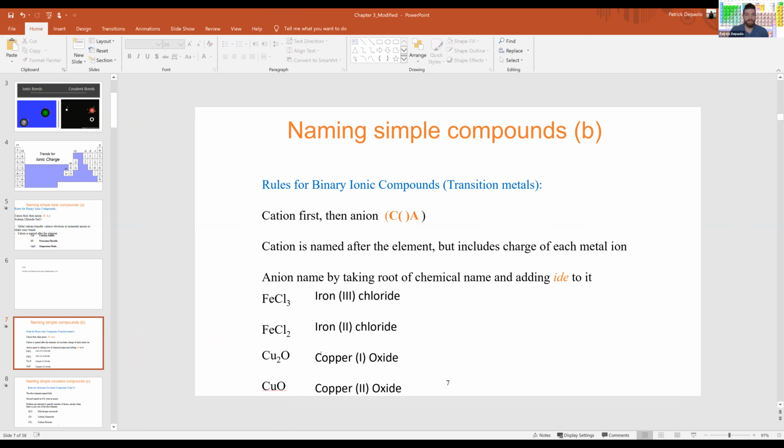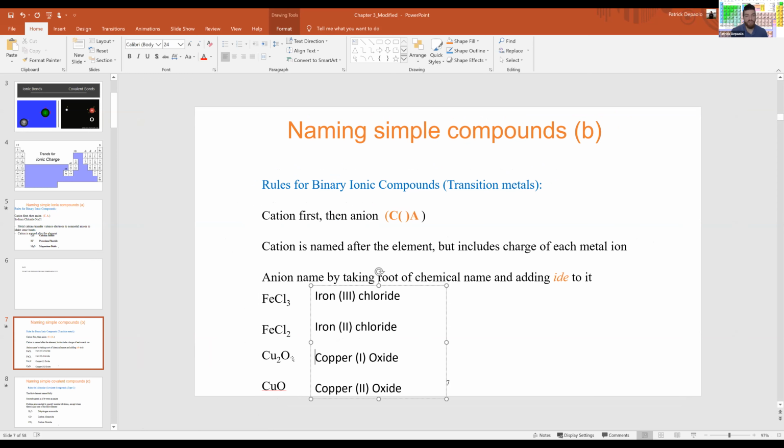No? Okay. Next one. Now it's a little bit trickier. You have copper, you have Cu2O. It's not copper 2 oxide, it's copper 1 oxide. The reason why is because you look at the ionic bond and you see oxygen. We know oxygen is -2.